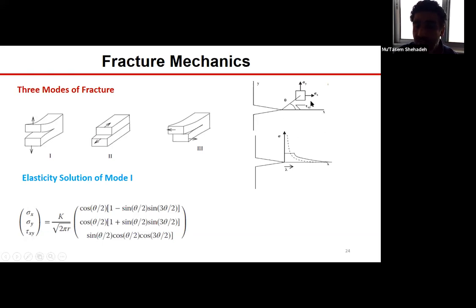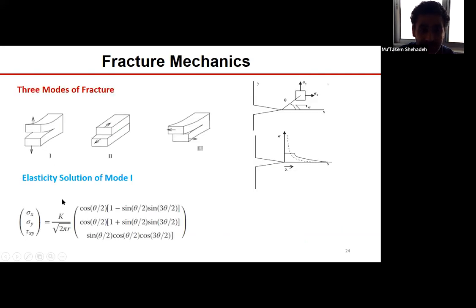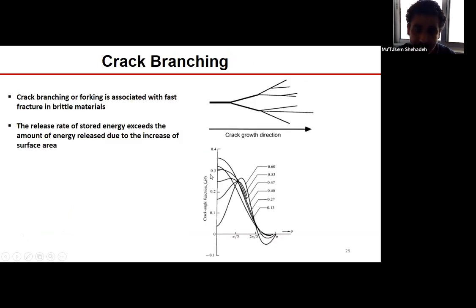So there are components of the stress in the X and also in the Y direction, and this stress level is, as you can see, related to what we call the stress intensity factor, K. All right. So K divided by the square root of rho, or R, which is the radial distance from the crack tip. So there must be some singularity in the solution, but that is, of course, not physical. And when the stress level becomes high enough, the material will propagate the crack, or in some cases it might induce localized plastic deformation in the sample.